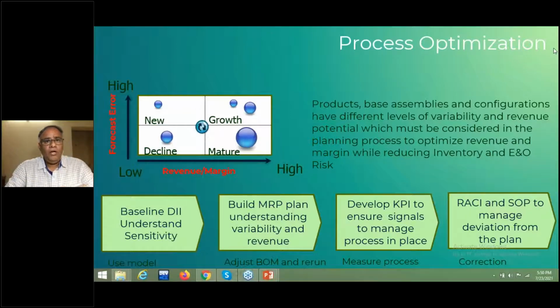When an organization talks about forecast error, as you all must be knowing, the forecast accuracy throughout the globe is around 50 to 60%. So you can imagine there is an error of 40 to 50% in the forecast, because the customer demand has been generated, but there is a lot of inaccuracy, because a lot of demand keeps changing.